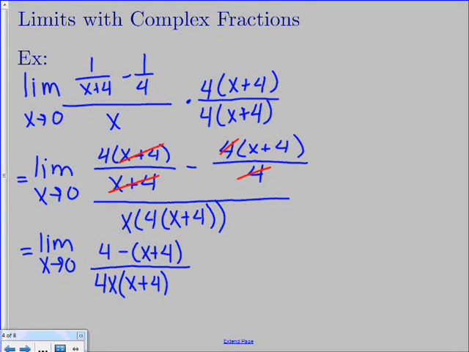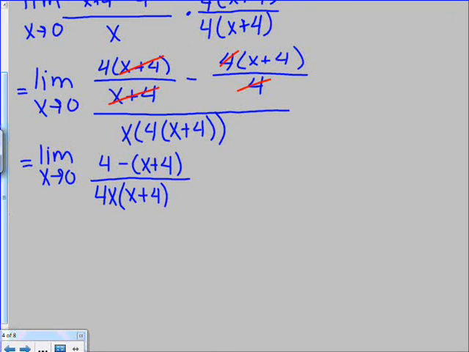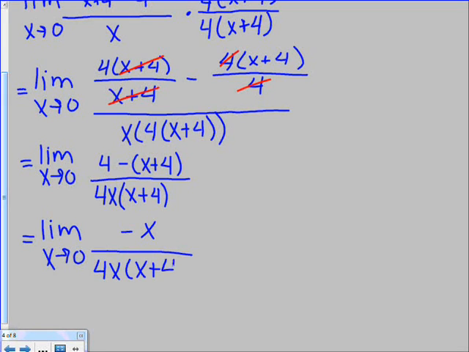Now we're going to distribute our negative sign and then simplify. If we distribute the negative sign in the top, we're left with the limit as x approaches 0 of 4 minus x minus 4. Those two 4s cancel out with each other and we're left with a minus x. And then we still have our 4x times x plus 4 on the bottom.